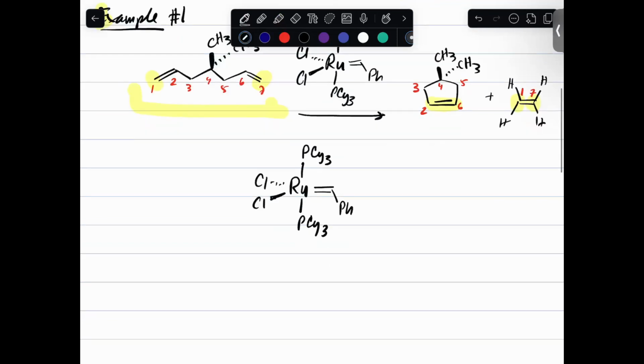So we've introduced our catalyst as our first step. And if you remember, it's got 16 electrons, unsaturated. We introduce our starting material, and I'll go through this slowly, even if we only get through one example in this last part, that's fine.